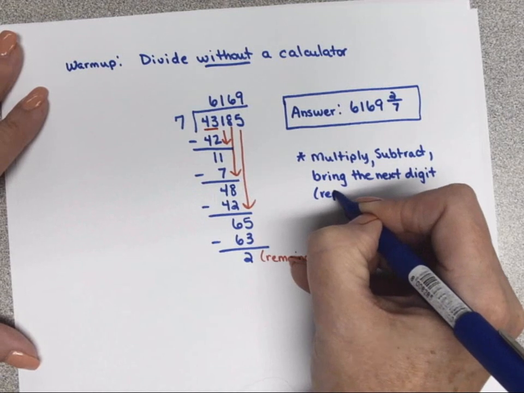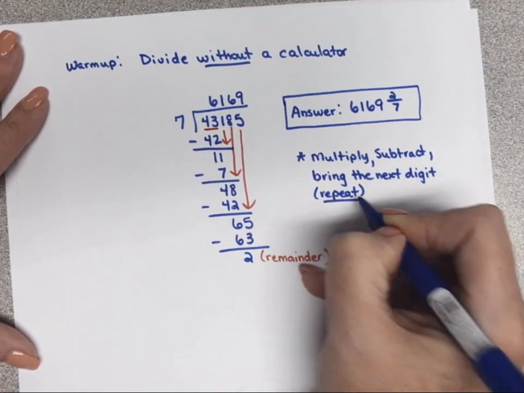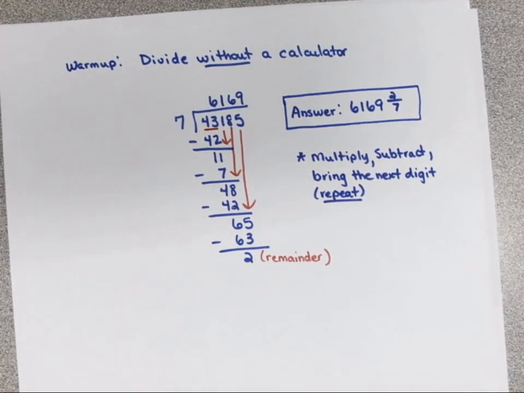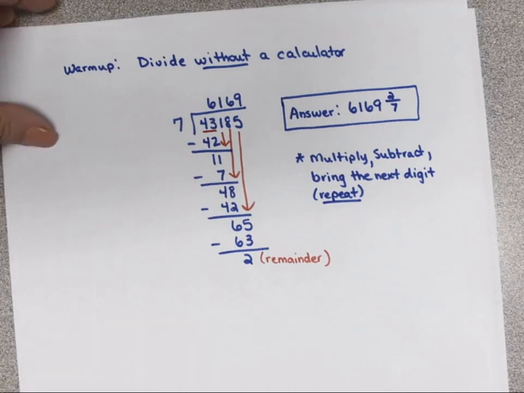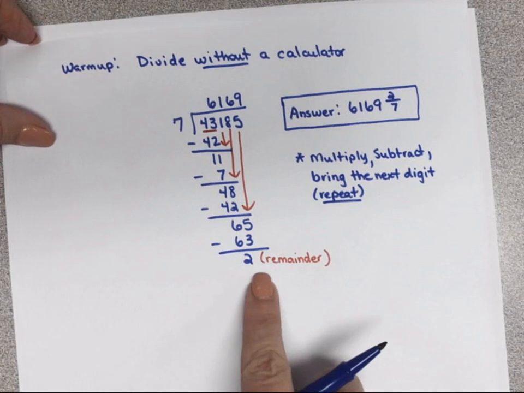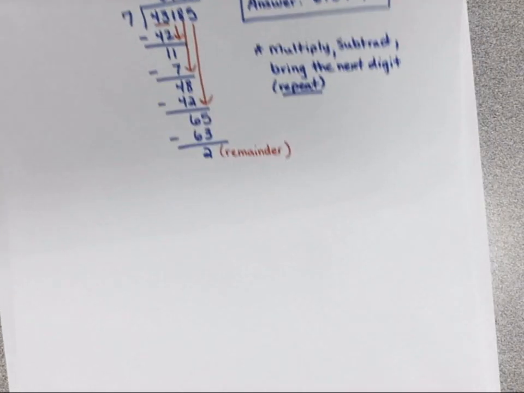So then we repeated it over and over and over. So this process of multiply, subtract, bring down the next digit is going to be exactly the same process that we're going to use in an algebra method called long division, where we actually divide things with x's in them. But before you get freaked out by how that sounds, it's exactly the same method as this, which is why I had you think about that first.